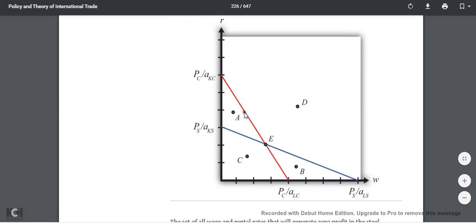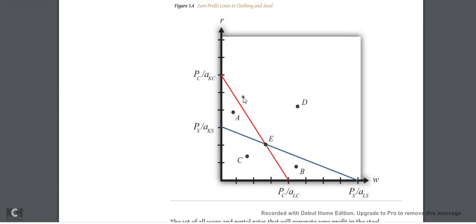PC, the red dotted line, represents the price of cotton. The cotton line starts from PC. This is the red line which represents the production of cotton. So it's a zero profit line.